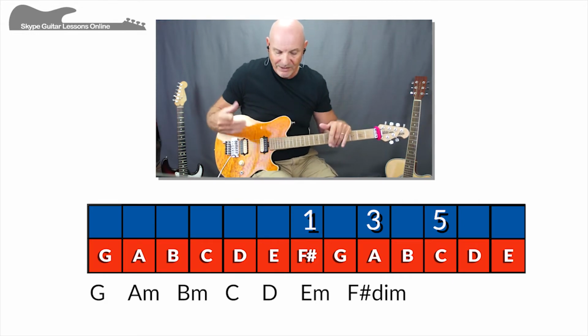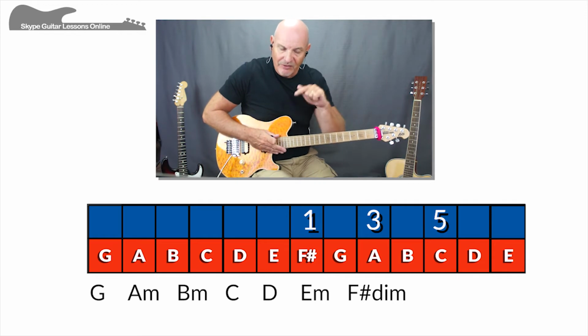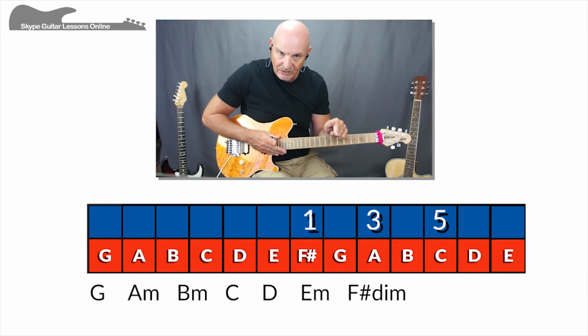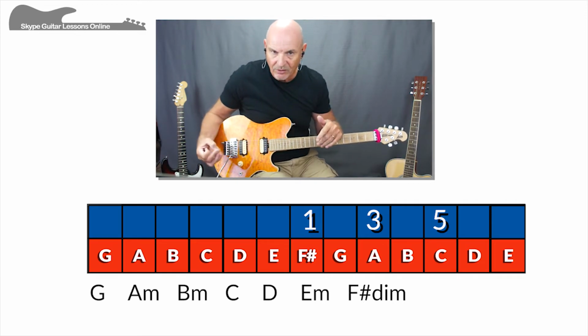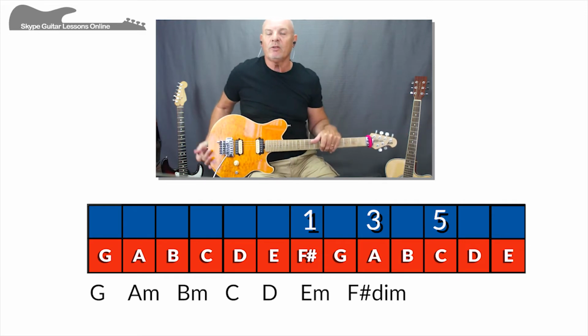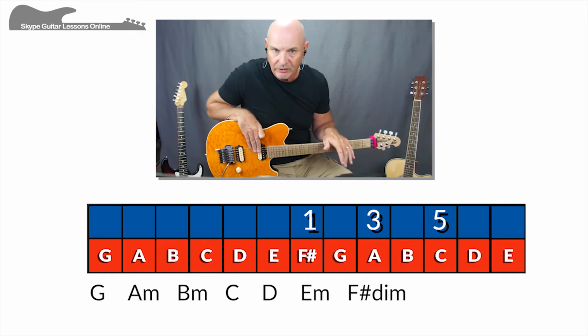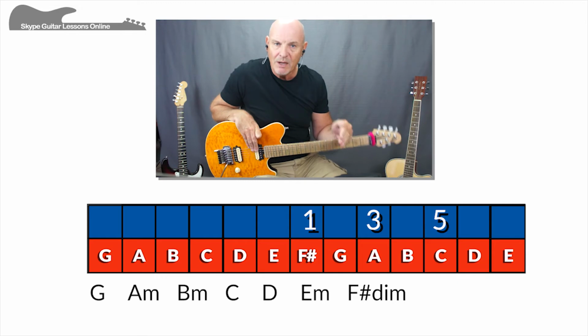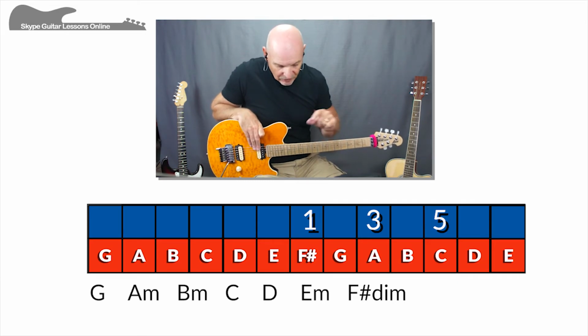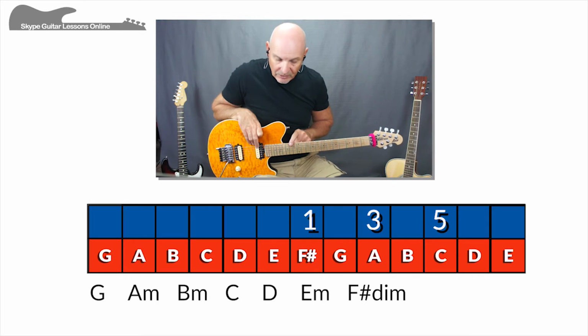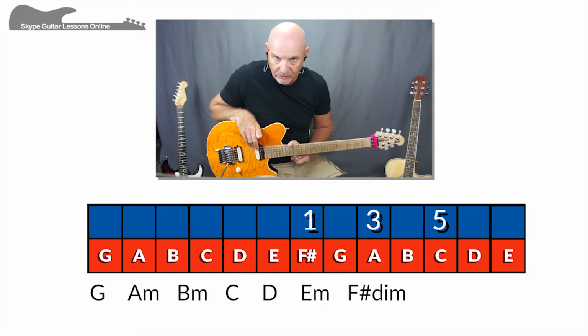What we say in music is that the 5th note has been flattened. And when we flatten a note, a word that you probably haven't heard too often in musical terms, is we've diminished a note. So what they say is on this 7th note, we have created a diminished chord.